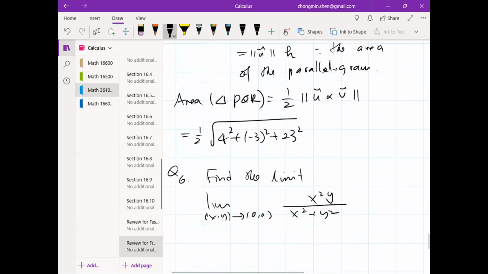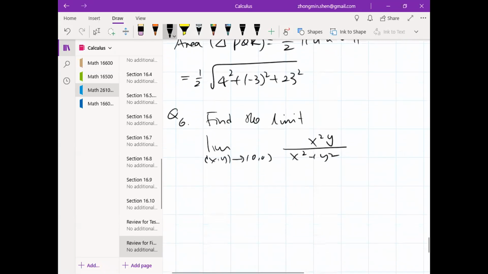The degree of the polynomial in the denominator is just 2, so the numerator approaches 0 fast. Yeah, the question is how to prove it. You can try different paths toward the origin, and you always end up with 0. But this is not a proof for the limit, okay?